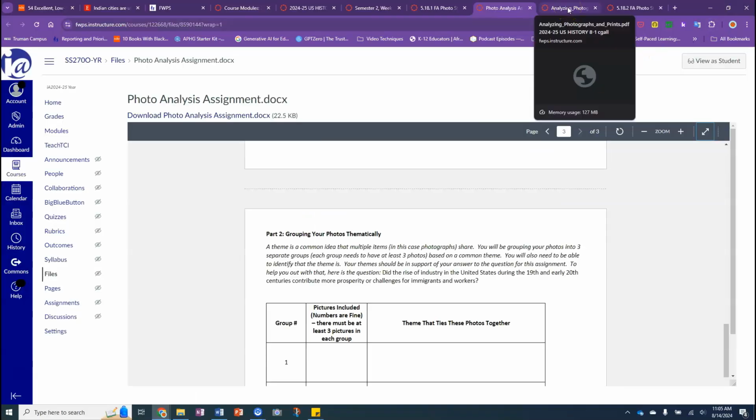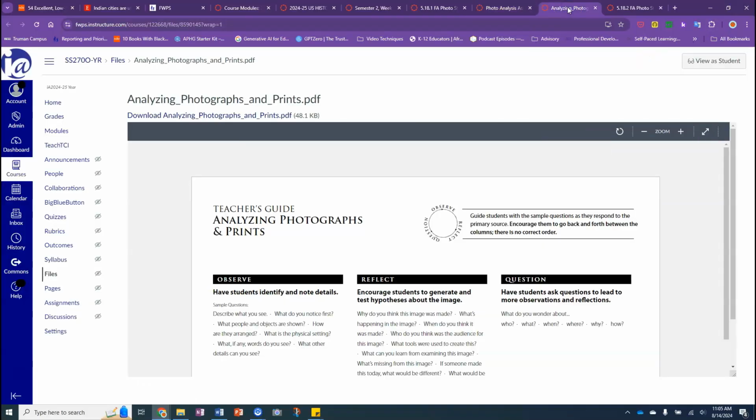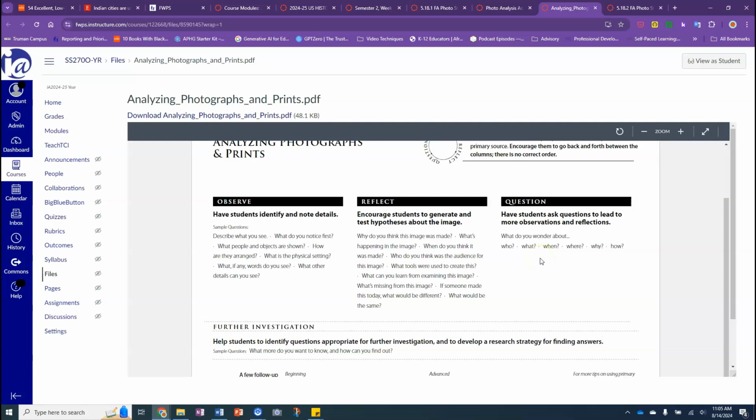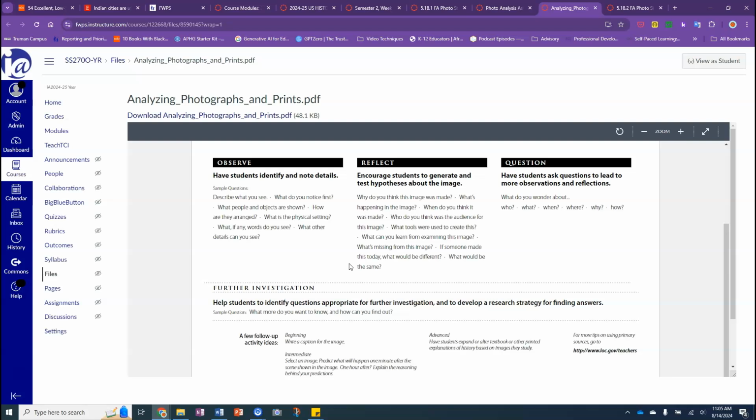If you're like, this is cool, Miss Gall, but I don't know anything about analyzing photos, no worries, I gotcha. This is technically a teacher handout, but with that being said, it's got lots of good questions on it that you can use to analyze the image.